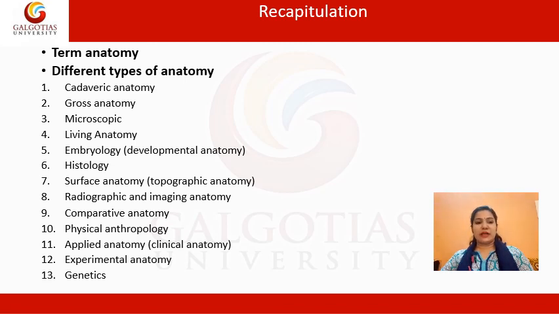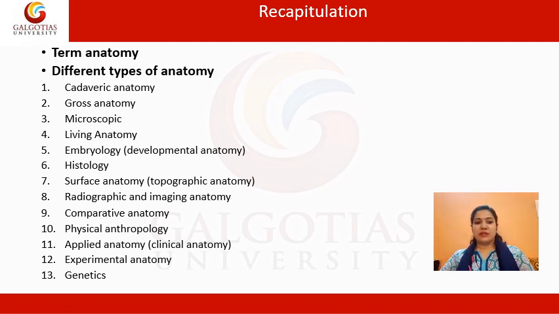And we discussed that we have categorized anatomy into the following types. First is cadaveric and gross anatomy, microscopic anatomy, living anatomy, embryology, histology, surface anatomy, which is also called topographic anatomy, radiographic and imaging anatomy, comparative anatomy, physical anthropology, applied anatomy, experimental anatomy, and genetics.